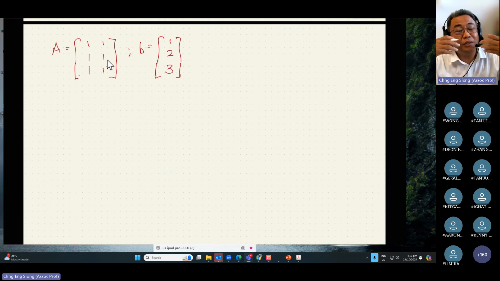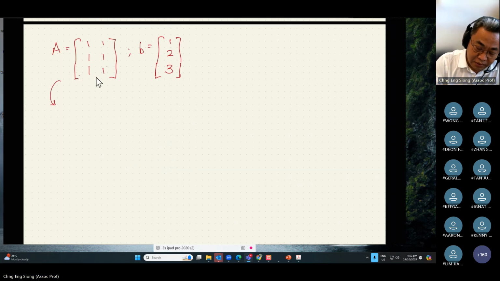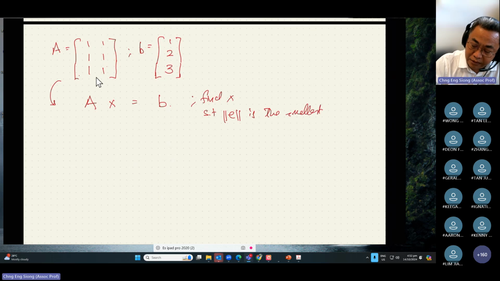So the system of equations is still inconsistent. But now let's proceed. We are trying to solve Ax equals b, find x, right? Find x such that the norm of the error is the smallest. Smallest means least squares. Okay, that's why the word least squares.